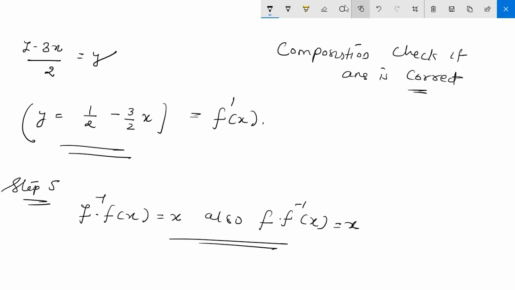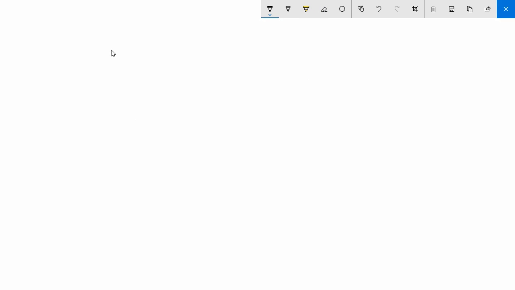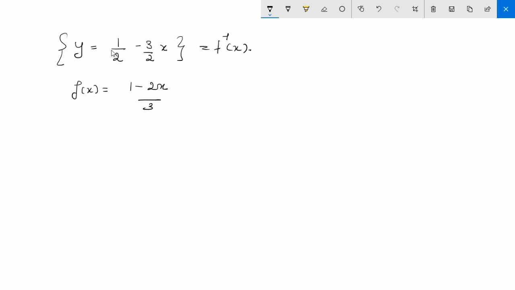So you have your f inverse of x equal to 1 by 2 minus 3 by 2 of x, and your f of x equal to 1 minus 2x divided by 3.